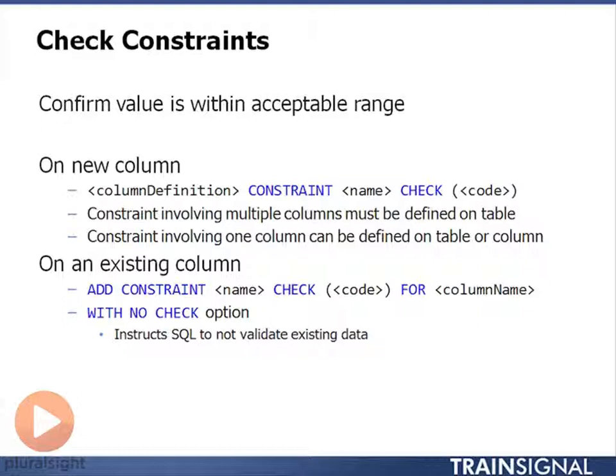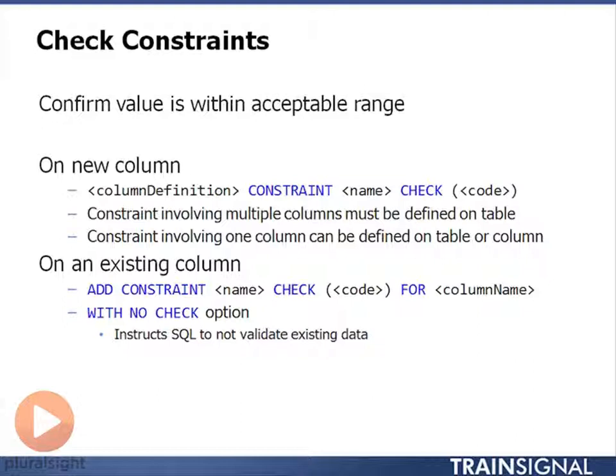It could be for an individual column, which is useful if the syntax I'm using is only going to use just one column. On the flip side, if my code is going to utilize multiple columns, maybe I need to compare a value of one column to another, then I need to specify this at the table level, typically down at the bottom of my create table statement.